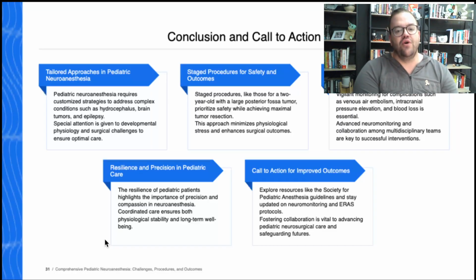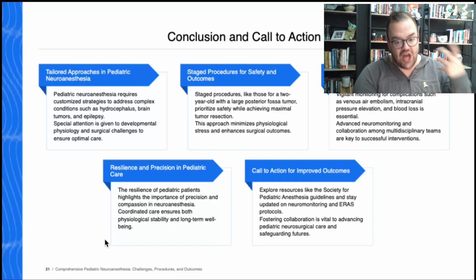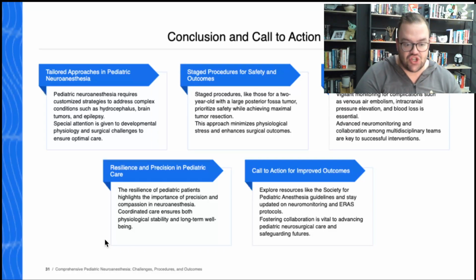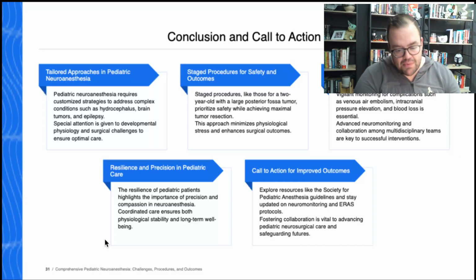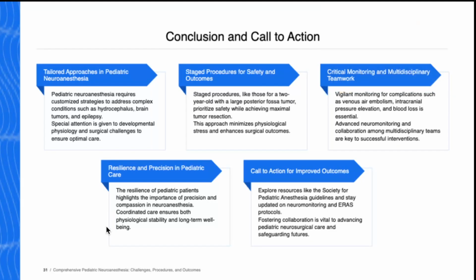So, you need to understand the child, the condition, you need to understand the surgeon, you need to understand the procedure and the requirements from both a hemodynamic stability, both from a neurological safety point of view, as well as from a neuromonitoring point of view.